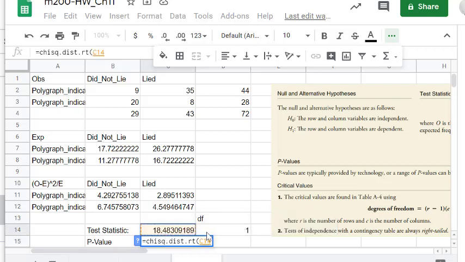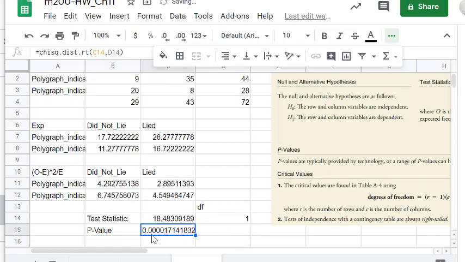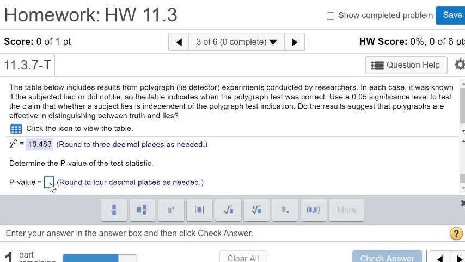It takes in the test statistic, comma, and then it takes in the degrees of freedom. And then we press enter, we get something that's really, really small. We have 4 zeros and then a 17, so this is going to be essentially 0 if we round this off to 4 decimal places.